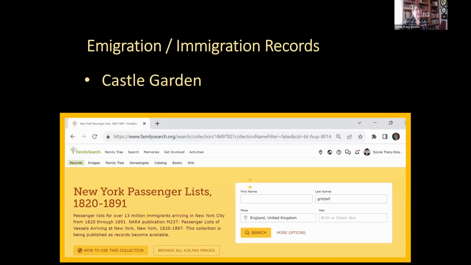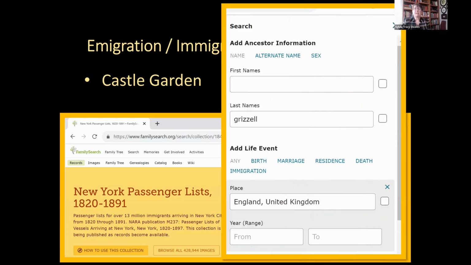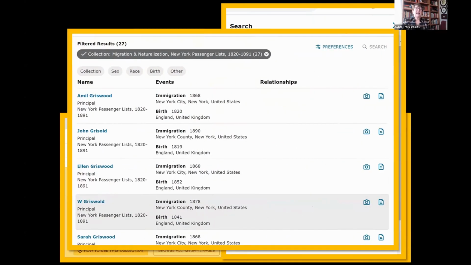Castle Garden at one time had their own website, but now their information can be found on FamilySearch. That makes it easy to search there, since you're probably looking there already at different things. They're in the New York passenger list, 1820 to 1891. Again, I used my Grizel example there, and they were coming from England, and it gives me lots of examples.